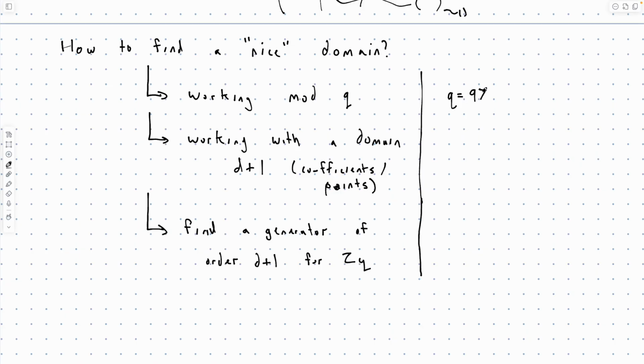All right, so Q was 97, and here d plus 1 was 8. So what I want to do is find some number that generates a bunch of numbers, and it has order 8, okay?